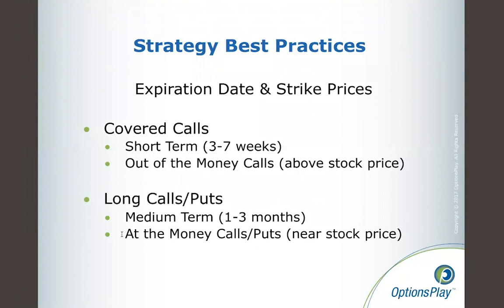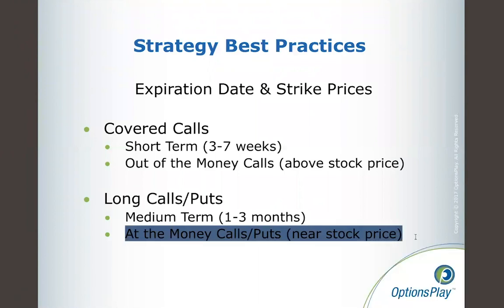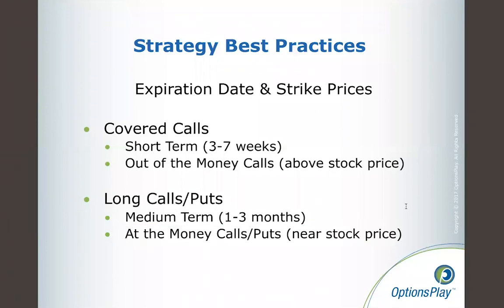And when you're buying calls and puts, instead of looking at out of the money options, you usually want to start at the money, meaning strike prices that are near the current stock price.